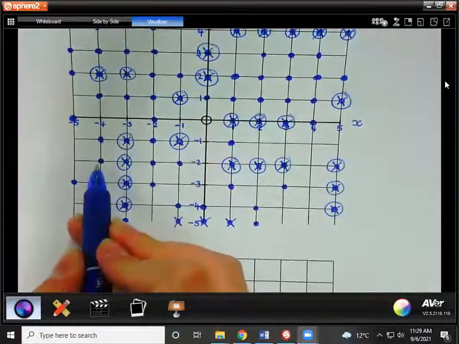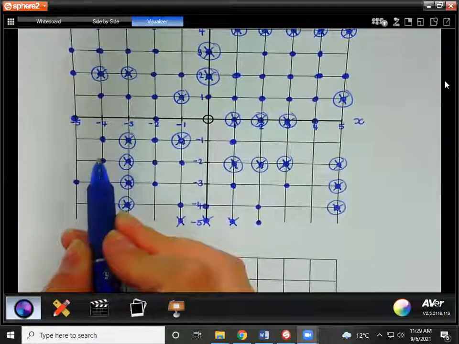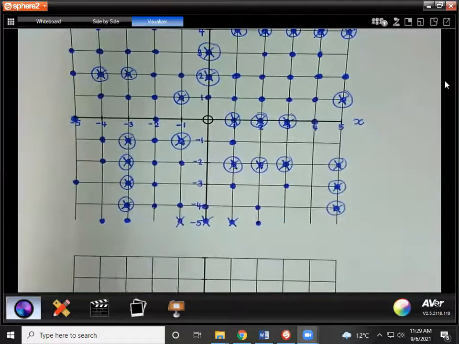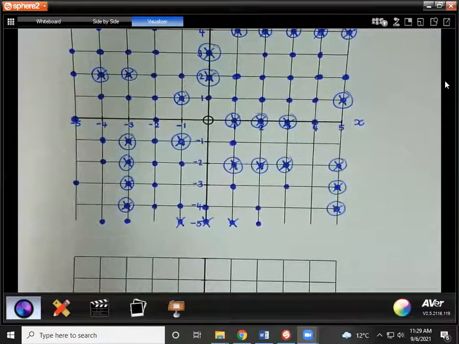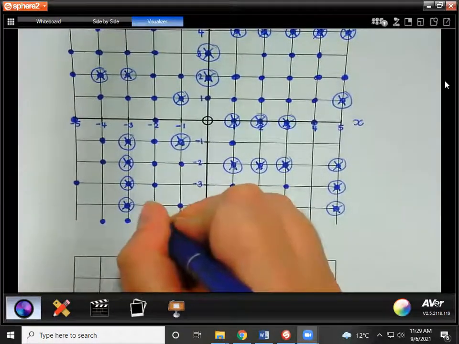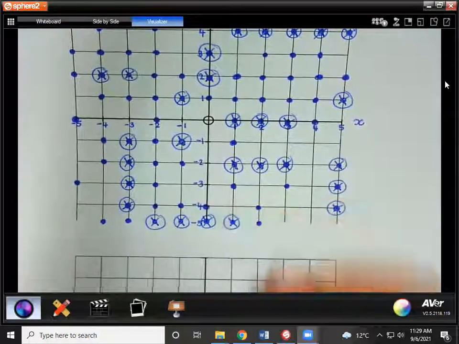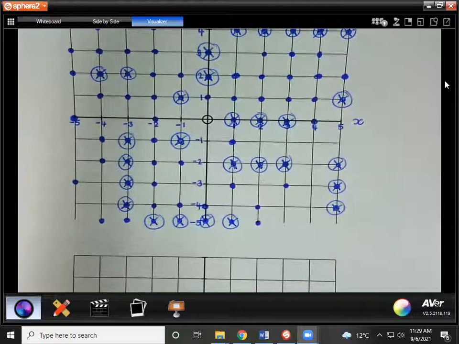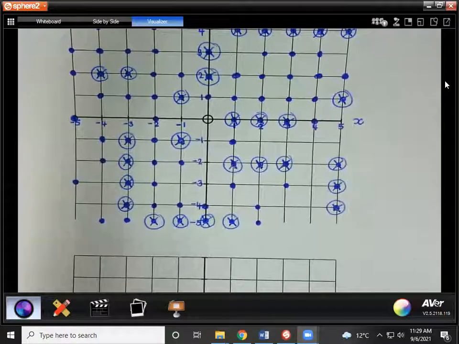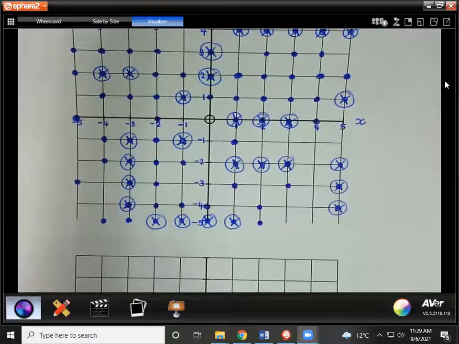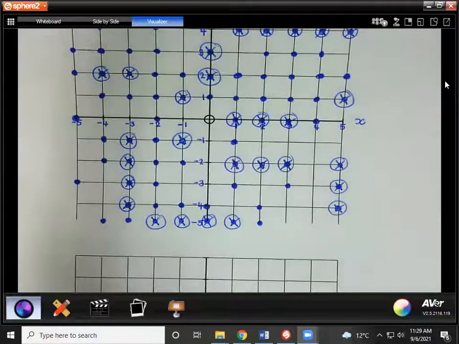-4, -2 is there already. -2, -4, miss. -2, -5, hit. There goes my other battleship. Okay, let me just check. What do I have left now? Let me actually just on my grid fill in which ones are gone, because I haven't been doing that.